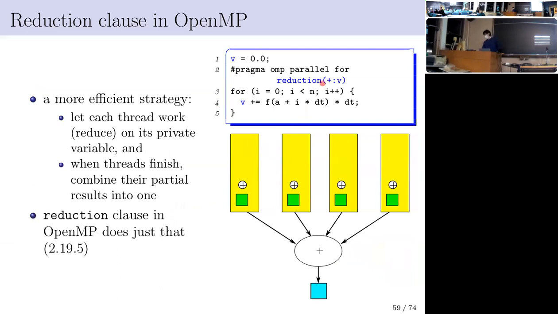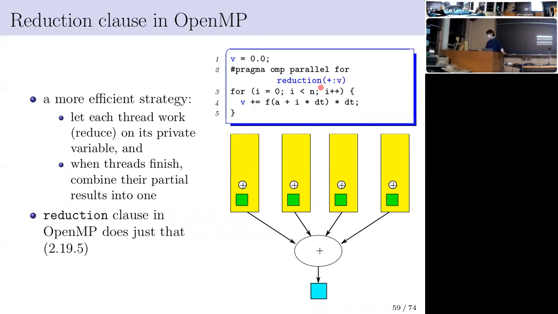So in terms of the syntax, OpenMP has something like this. With this OMP parallel pragma, you can say, okay, I'm going to have a reduction on this variable b using plus.